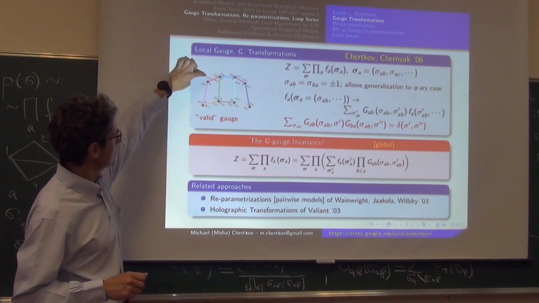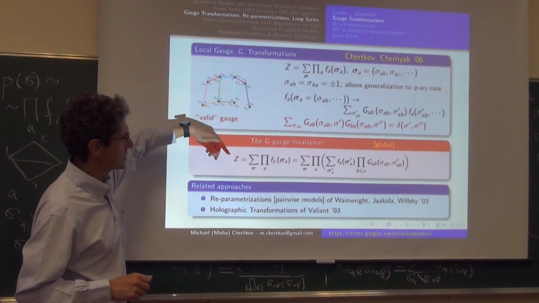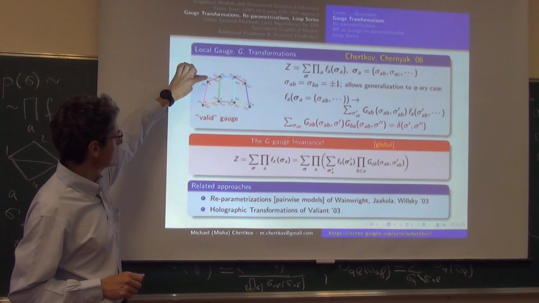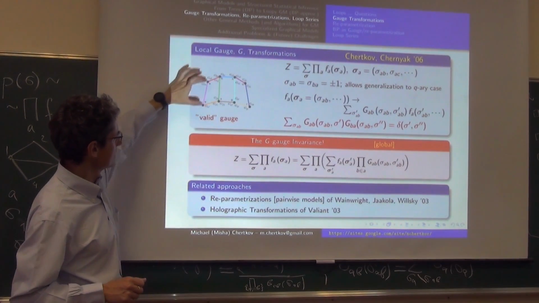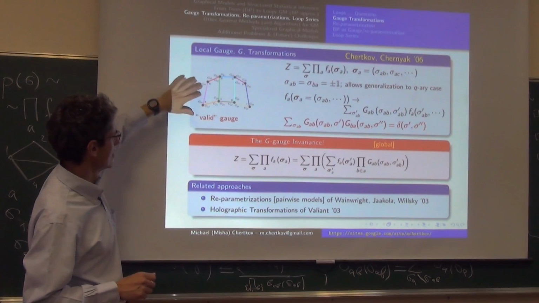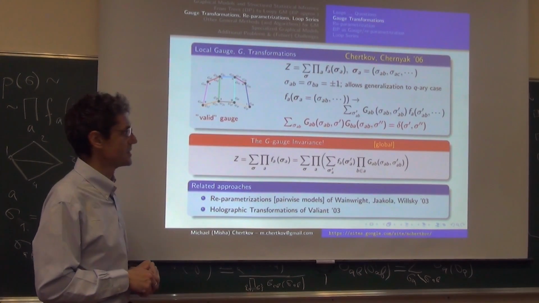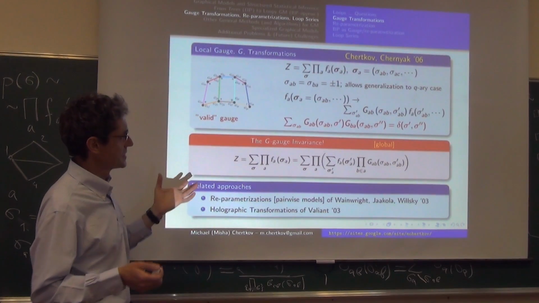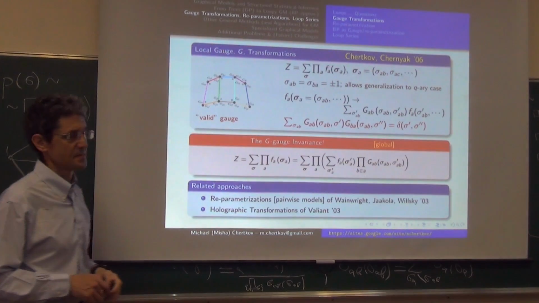So at every edge I put a matrix, G_ab and G_ba, and they are not the same. There are two matrices at each edge, right? I color them differently just to emphasize how many of those matrices there are. And what is the size of those matrices? If my alphabet is binary, they are 2 by 2 matrices.